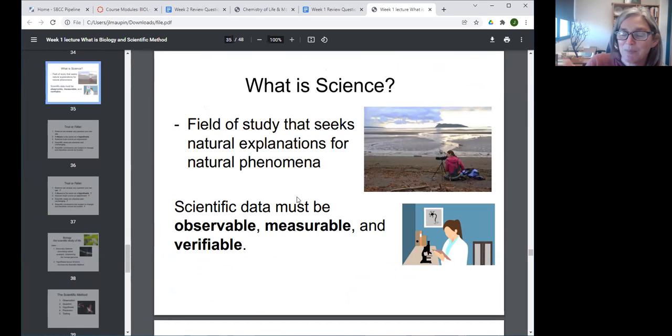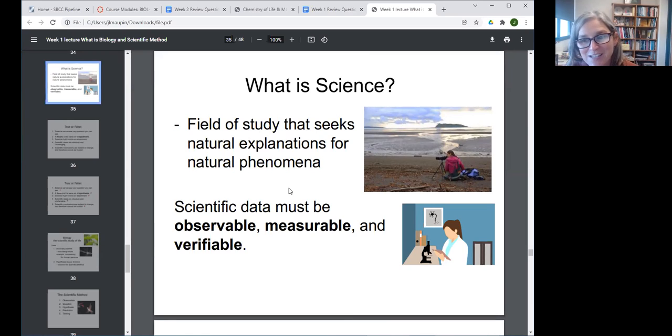So you have to be able to collect the data in discrete units such as numbers or other ways of observing and measuring. And verifiable means that you could repeat the experiment or you could repeat the observation. And it seeks natural explanations for naturally occurring phenomena. So you can't answer questions about the supernatural.